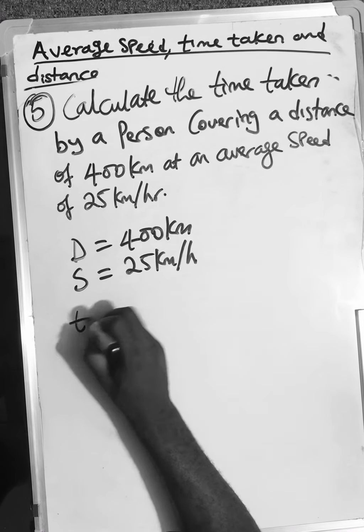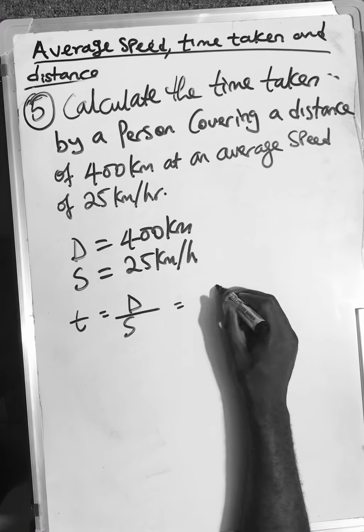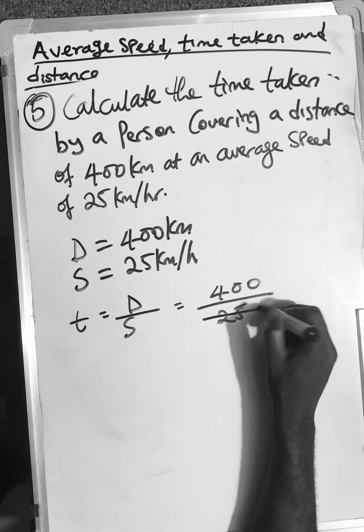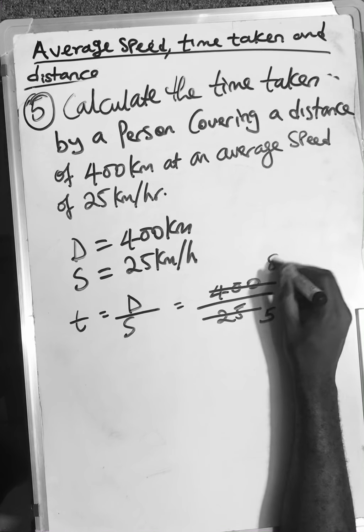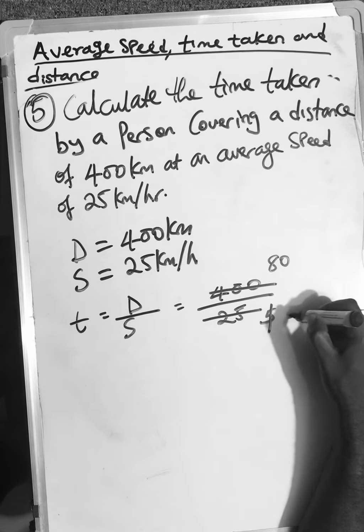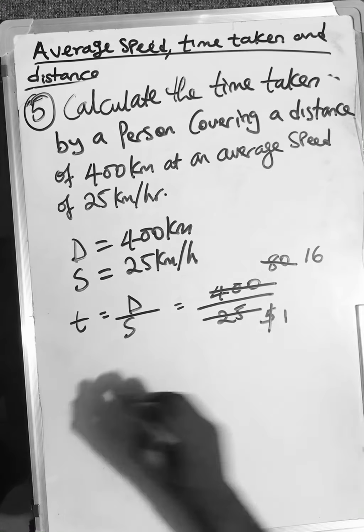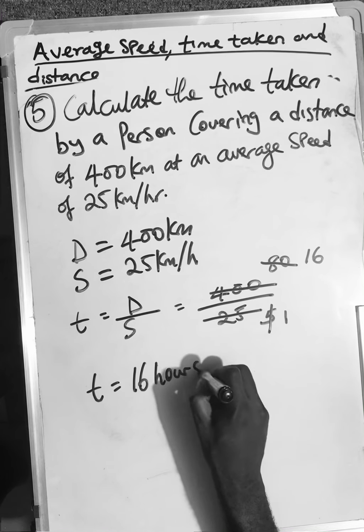The time taken is distance over average speed, which is 400 all over 25. 5 divides 25 is 5. 5 divides 400 is 80. 5 divides 5 is 1. 5 divides 80 is 16. So the time is 16 hours.